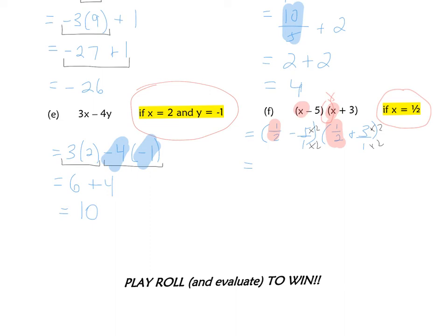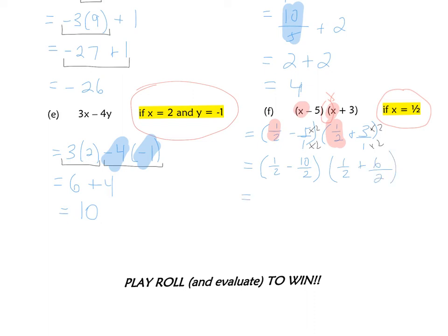Okay, so that makes this 1/2 minus 5 times 2 gives me 10/2. And then I have 1/2, 3 times 2 gives me 6, 1 times 2 gives me 2.